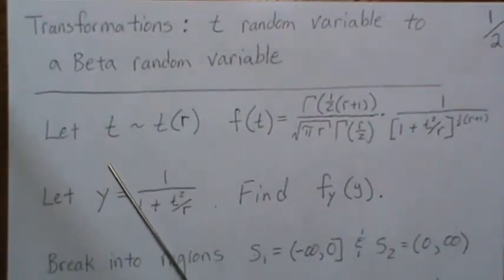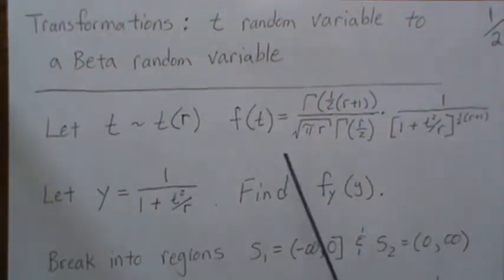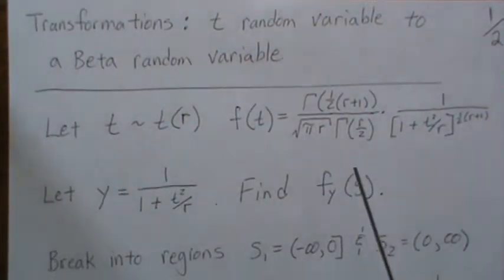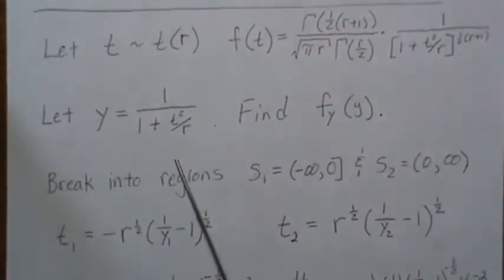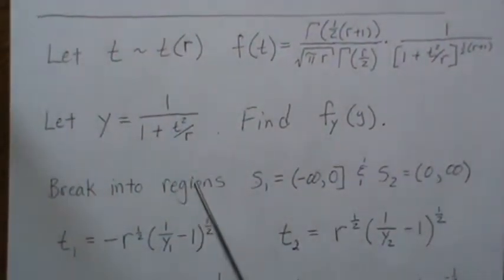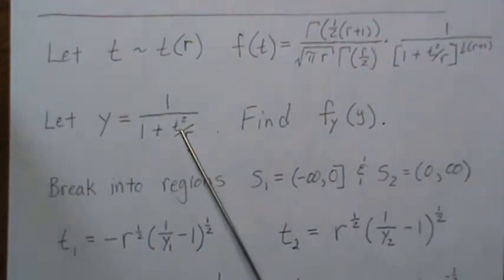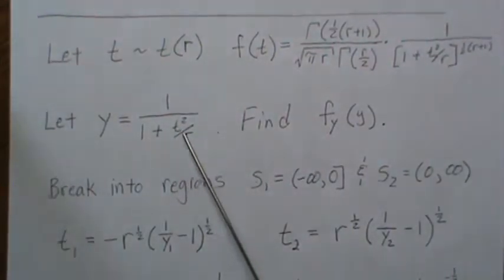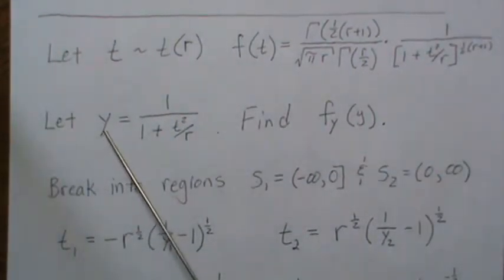And so let's let T be a t distribution with r degrees of freedom, which means this is the density for it. And we're going to let Y equal this transformation, 1 over 1 plus t squared over r. Now, you can note that this is not a one-to-one function because it maps two elements to one item over here.